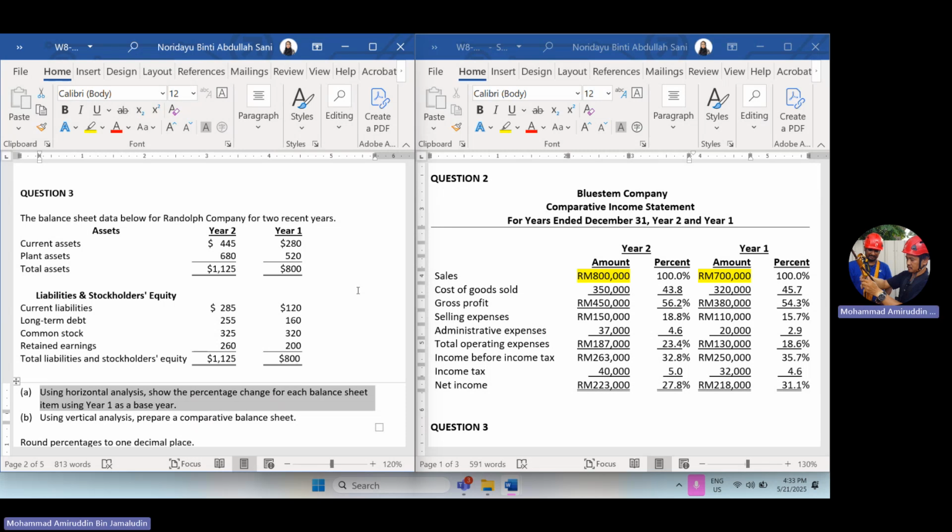Further question number 4, 5, 6. That's exactly your assignment computation. I don't know whether the formula will be provided in your exam. Normally, no. You have to memorize.